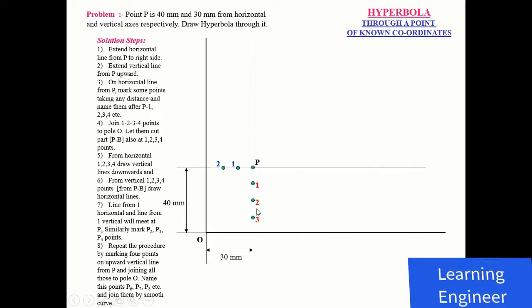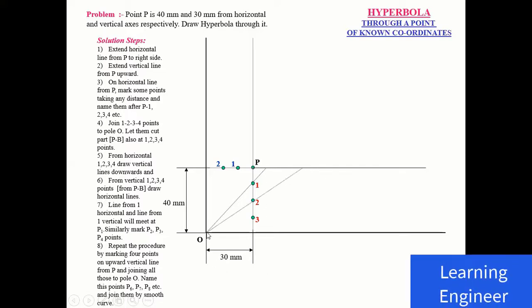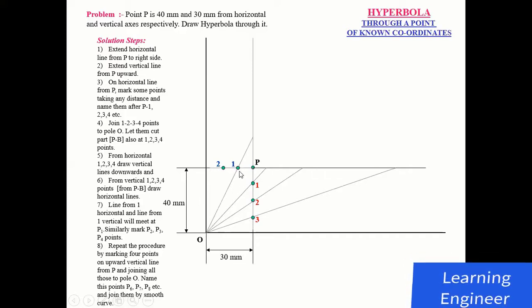Now the next step is to draw the line through this origin, which will pass through this point 1 up to this horizontal line. Similarly, draw the line from the origin which will pass through point 2 up to this horizontal line. Similarly, point 3. Now similarly for these 2 points also, a line which will pass through point number 1 up to this vertical line.